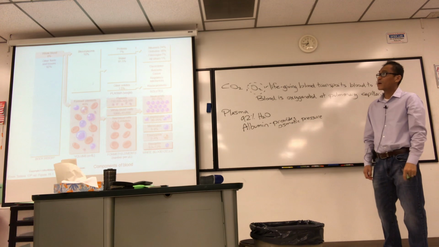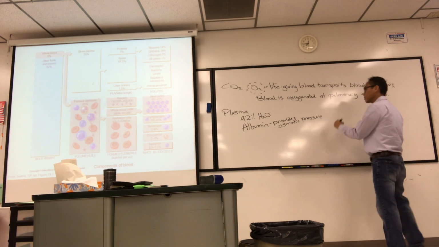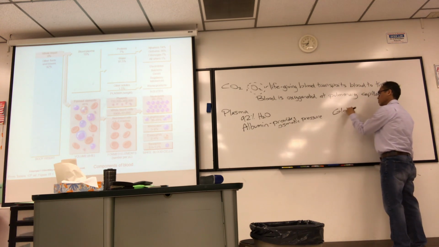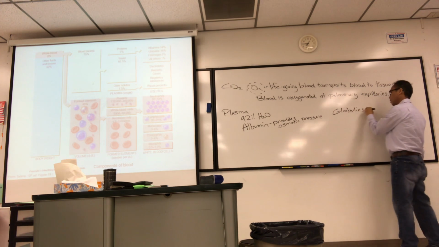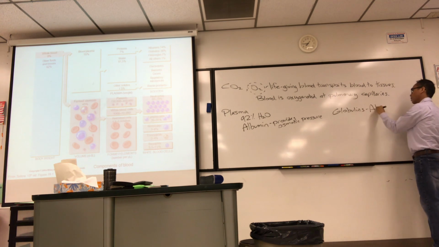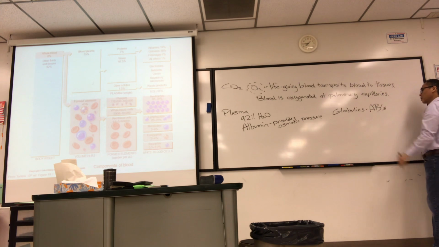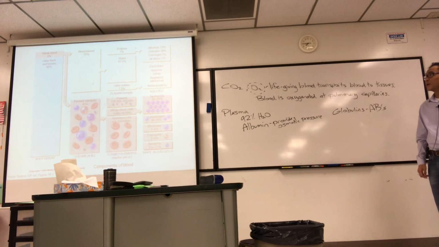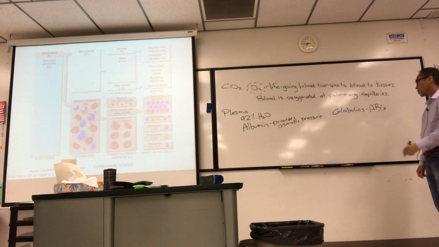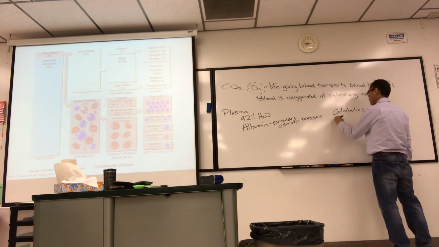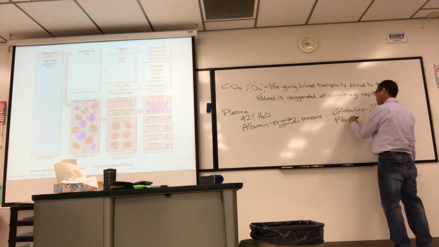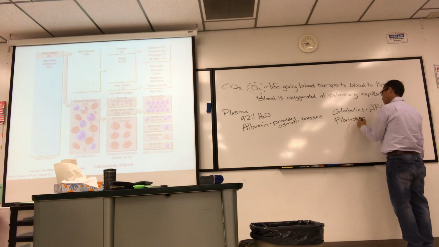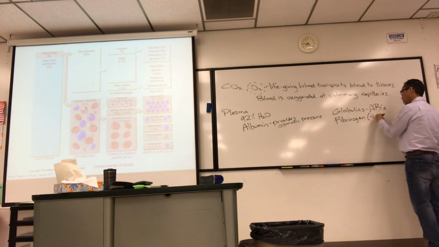And there's globulins. Globulins are antibodies. We'll talk about those in the immune chapter. They circulate in the bloodstream. Fibrinogen, we'll try to get to that today. Fibrinogen is the soluble form.